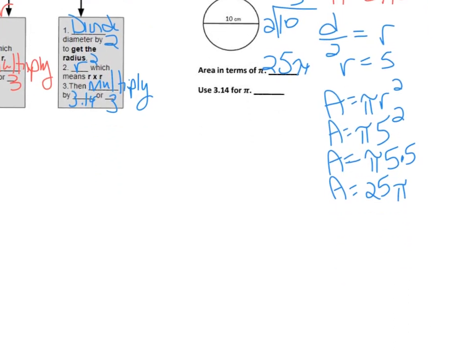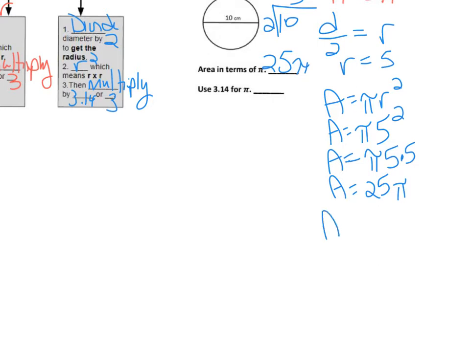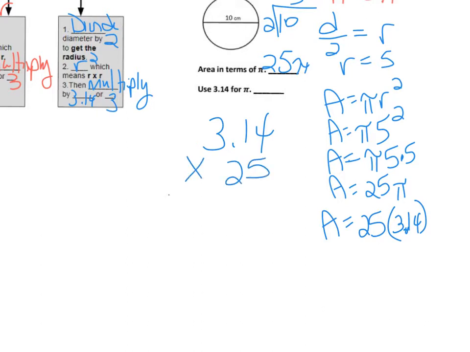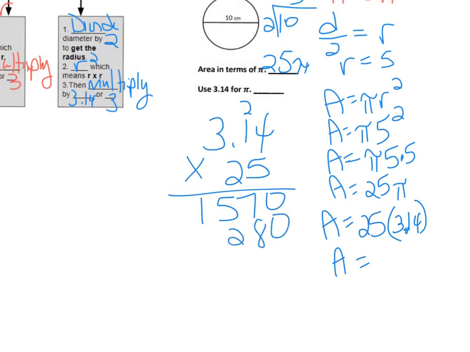Now we're going to go ahead and continue. So now I'm going to substitute pi with 3.14. And now we multiply. So 5 times 4, 20. 5 times 1 plus 2, 7. 5 times 3, 15. Add a 0. 2 times 4, 8. 2 times 1, 2. 2 times 3, 6.